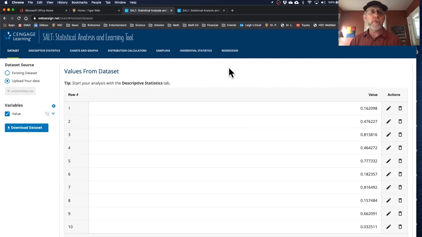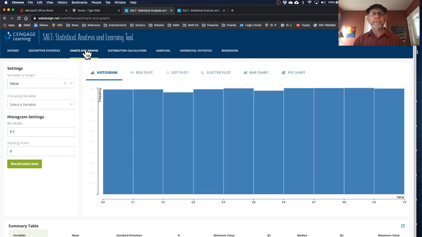I'm going to go over here to SALT, and I've loaded a couple of data sets in that will illustrate these ideas. The first one is a very large set of uniform random numbers distributed between 0 and 1. So let me show you the histogram here. There you see it. There's actually 100,000 individuals in this data set, 100,000 numbers, all uniformly distributed between 0 and 1.